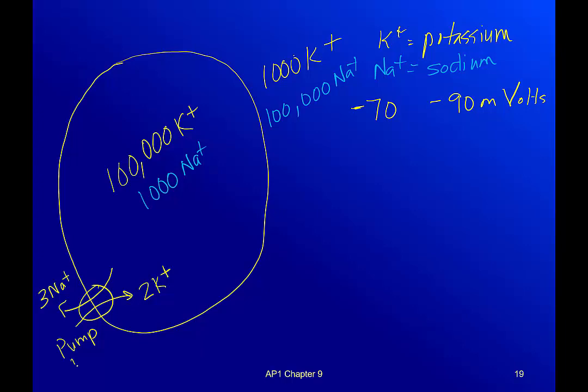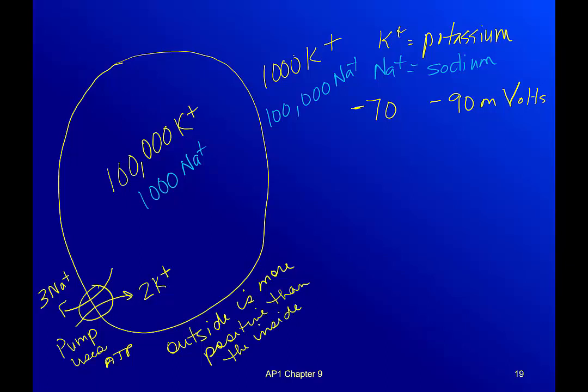Now remember, a pump uses ATP. So I've got this pump working to pump 3 sodium out and only 2 potassium in. If I keep doing that, I'm going to end up with less positives going into my cell than are going out, meaning that the outside is more positive than the inside.